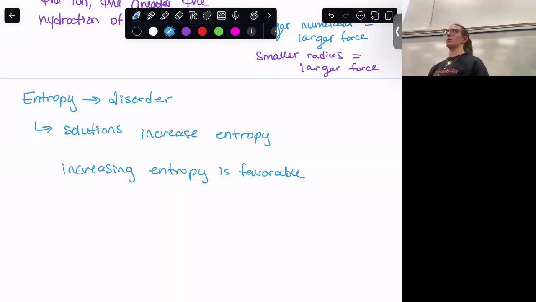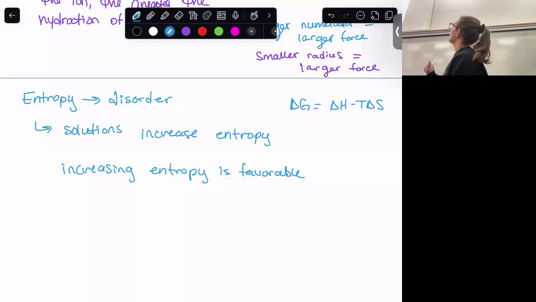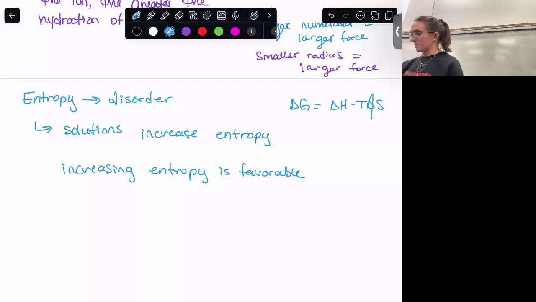And if we remember maybe a little bit of the delta G equation, does anyone remember delta G? This equation. Does that ring a bell for anyone? Right. This being positive creates a more negative second half of that equation, which will contribute to delta G being negative.